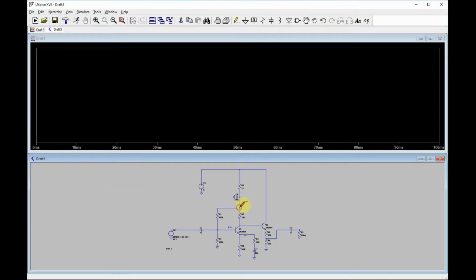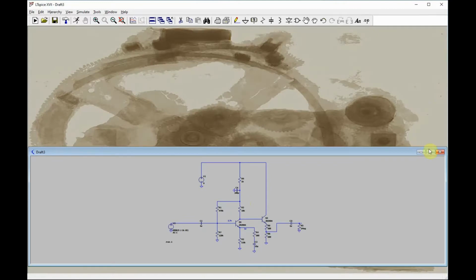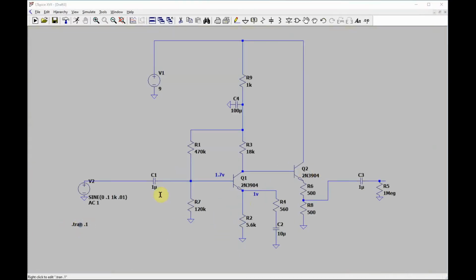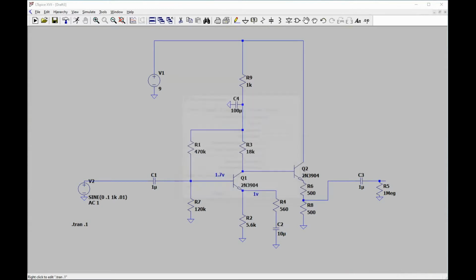Okay, so now this circuit is seeing, remember we built it off 9 volts, but it's actually going to be less than that. So let's make this go on for a second so we can see what's going on there.